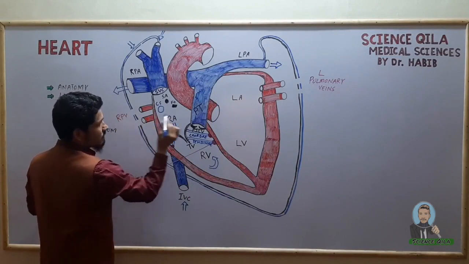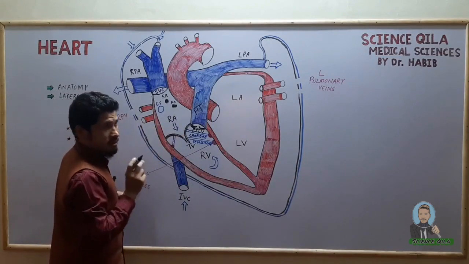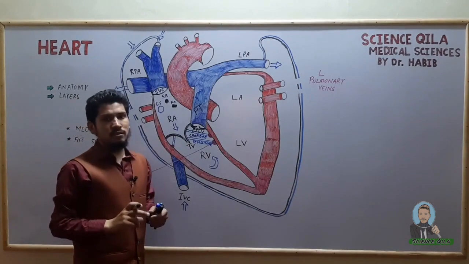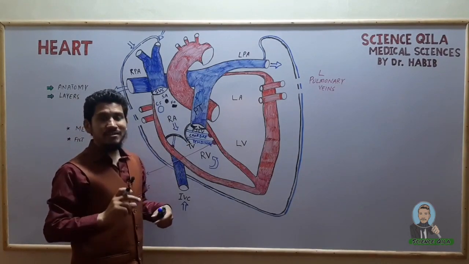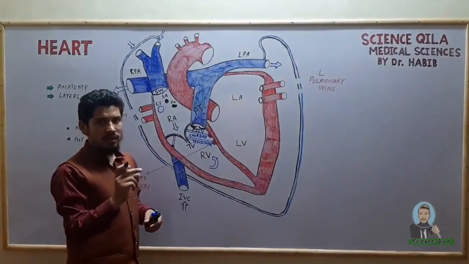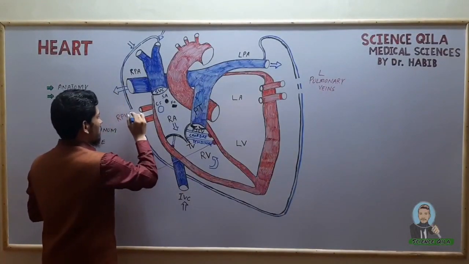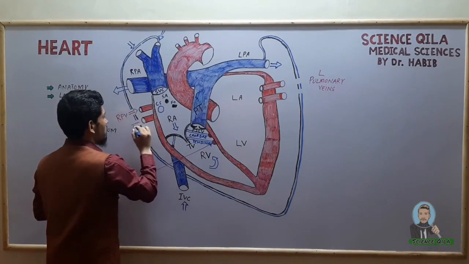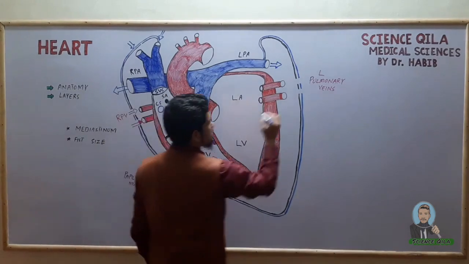I have colored these veins red, because they are the only exceptional cases in the whole body that carry oxygenated blood. So the oxygenated blood will enter the left side of the heart through these veins.